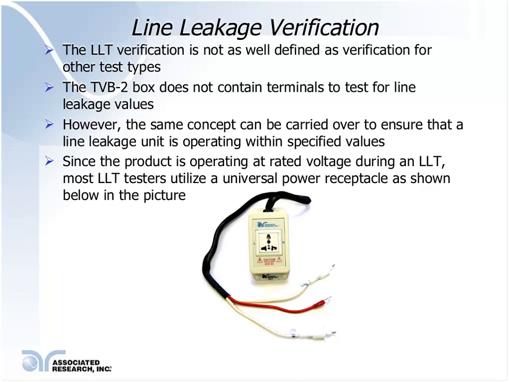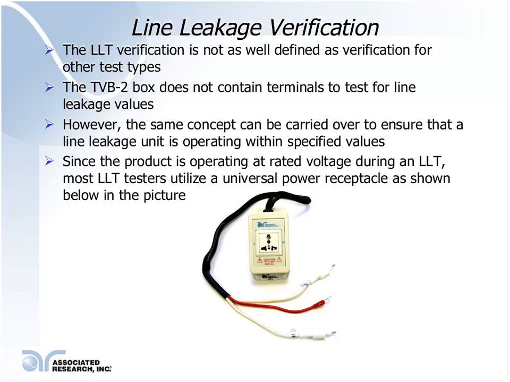As a result, a simple fixture can be made to mate with the receptacle box. Basically, a standard plug terminating in two separate resistor values is the most simple means of creating a line leakage verification test fixture.